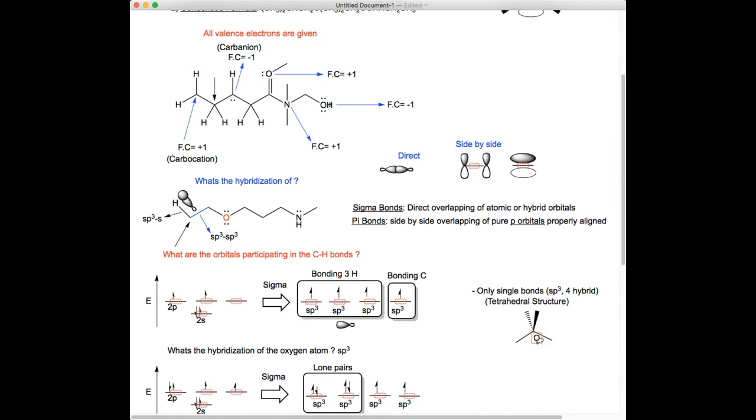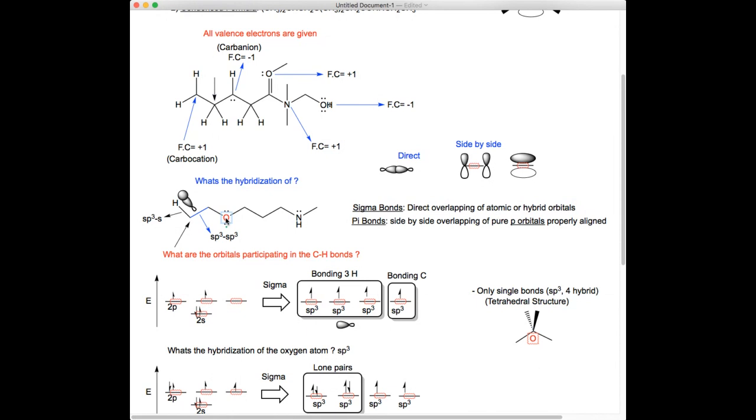That oxygen is tetrahedral. So what is the angle in between the lone pairs of oxygen? 109.5. Slightly less because they actually repel each other, so it's going to be about 107. But if you say 109, I'll be okay. So the angle in between the lone pairs of the oxygen atom in this molecule is going to be 109.5.